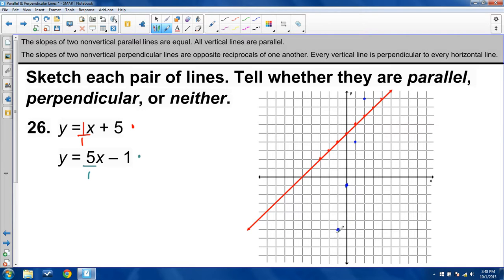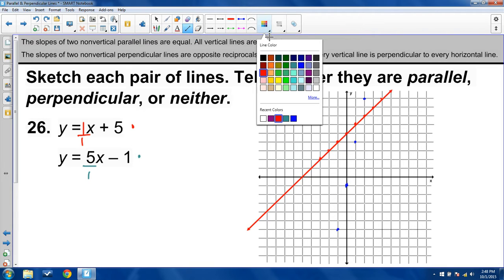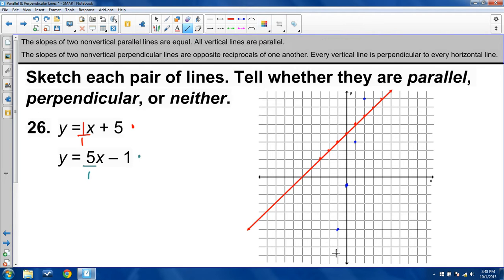And now we know they're not the same slope, so they're definitely not parallel. And you can see this as I'm about to draw this. And you also can probably assume they're not perpendicular. You take a look at it and you're like, yeah, definitely not right angles being made right there. But they do intersect, and they have different slopes. It's neither. They are neither perpendicular nor parallel, but they do intersect at a point.